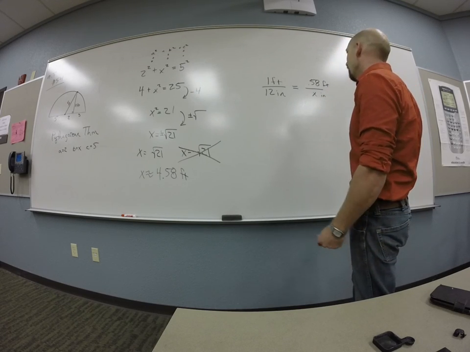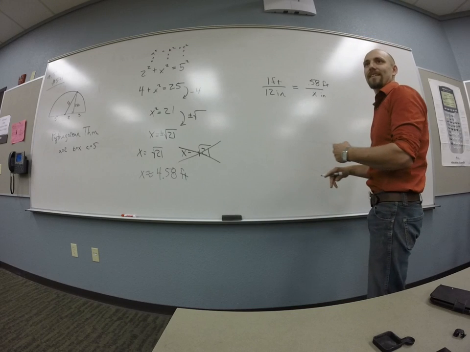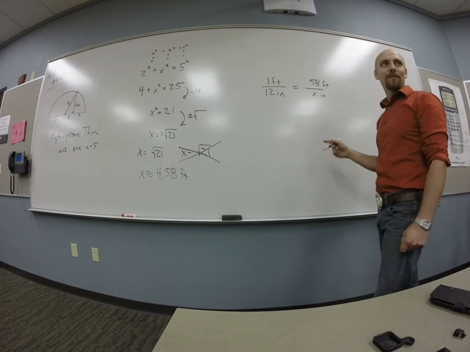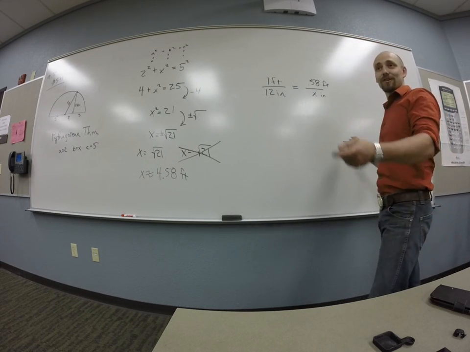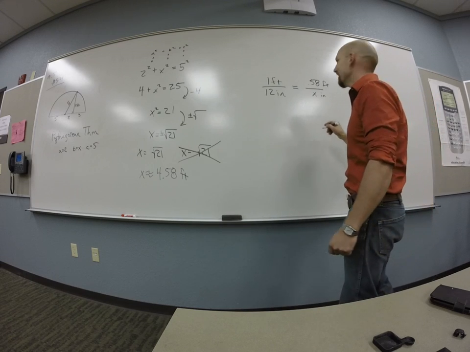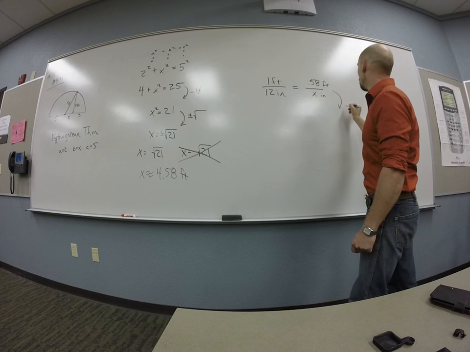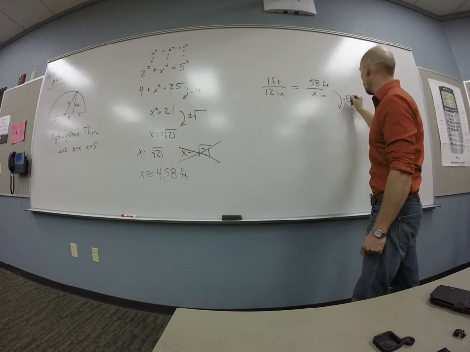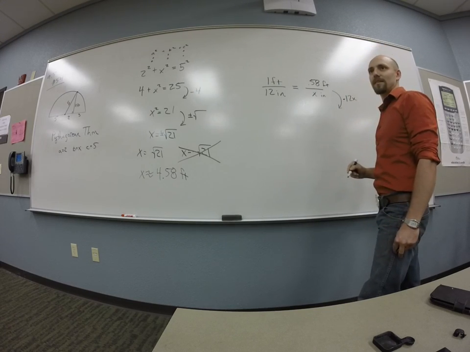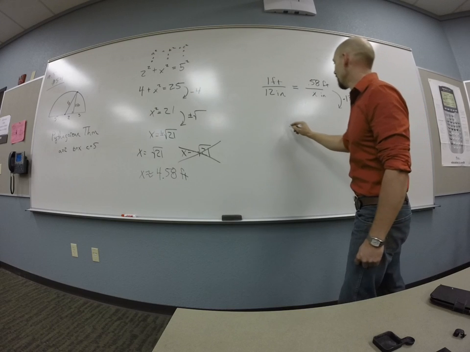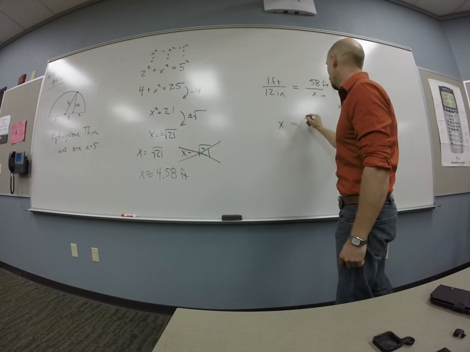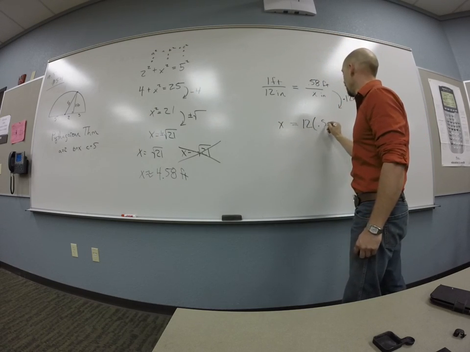So then 0.58 times 12. This is a good spot for that thing that's not an operation called cross multiply, right? Multiply by X, then multiply by 12. So multiply both sides by 12X. Over here you'll get X equals 12 times 0.58.